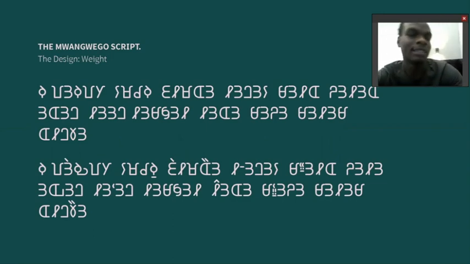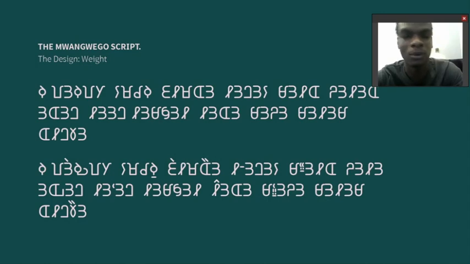And then in terms of the weight, I had to work with one weight. Why? Because when you look at the Mwangwego writing script, the way the characters are constructed, we don't have alternate characters with lowercase and uppercase, and we also have a mixture of vowel marks being included and diacritics coming in beside, above, and below randomly.